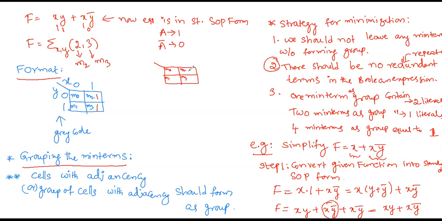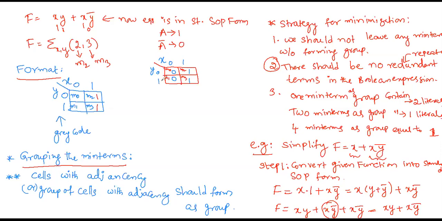In the expression, minterm 2 is present, minterm 3 is present, minterm 0 is not present, minterm 1 is not present. You can keep them empty or you can place 0. That is your choice. This is X, this is Y, and here 0, 1, 0, 1.